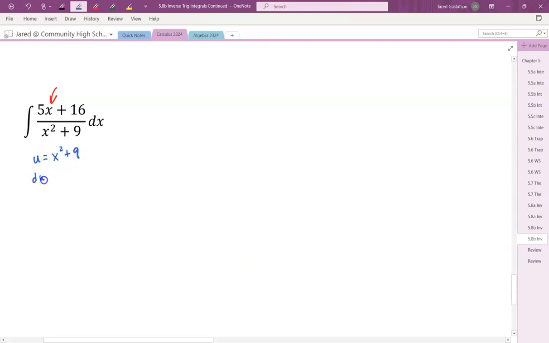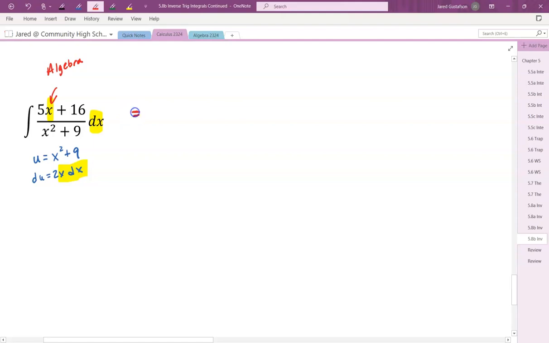u equals 9x squared, so du equals 2x dx. But that introduces another problem. When we try to do u sub, it doesn't really take care of the 16. So what can we do at this point? We have to go back and think about things that we're allowed to do with algebra.